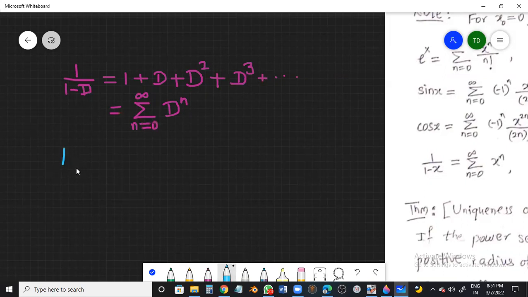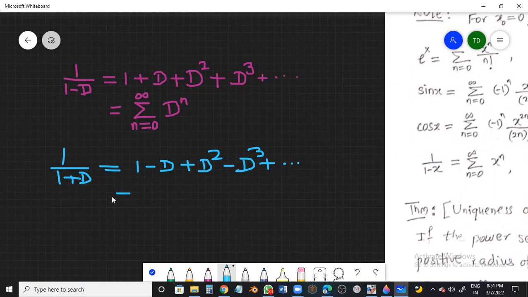You have also used the result 1 upon 1 plus d. And how is the expansion? 1 minus d plus d square minus d cube plus and so on. I suppose you know this. So in terms of x, you can write it in this fashion.